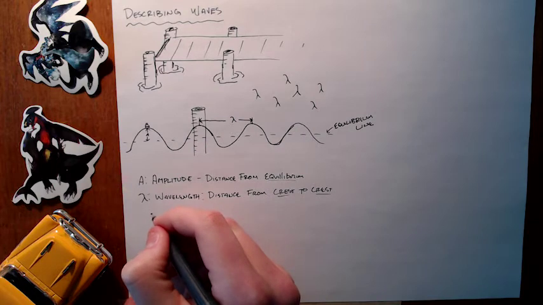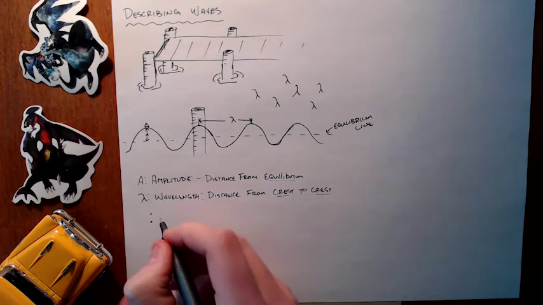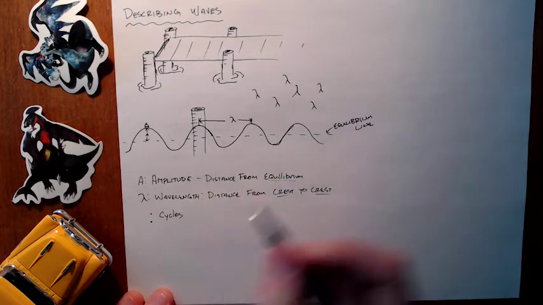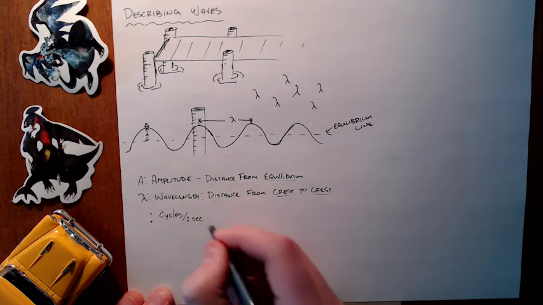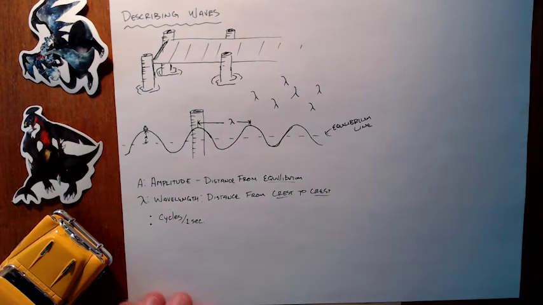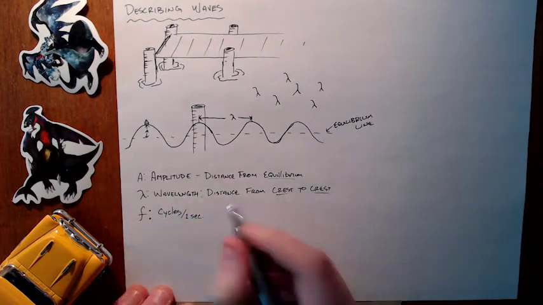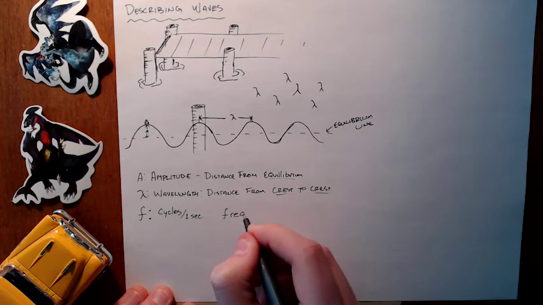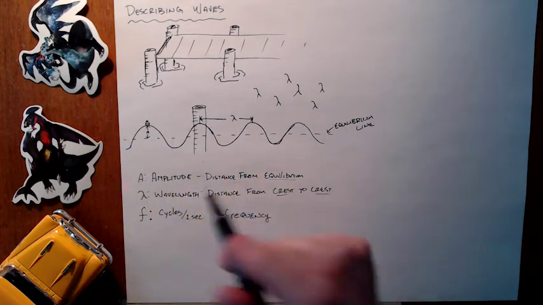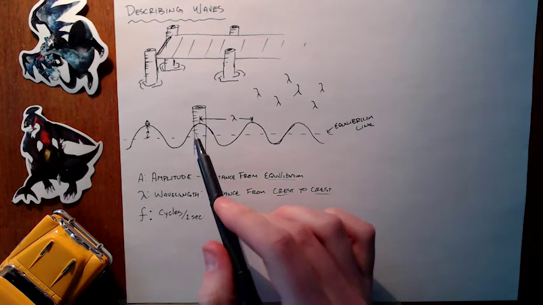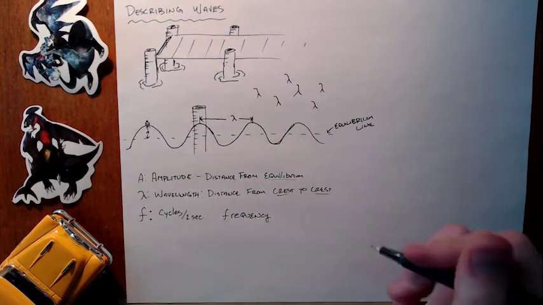So here's one crest and then the next crest that goes by there. Okay? So how many crests or how many cycles go by in 1 second? Hey, wait a minute, that sounds kind of familiar. That's our old friend frequency. How many wave crests will go by our dock post in 1 second?